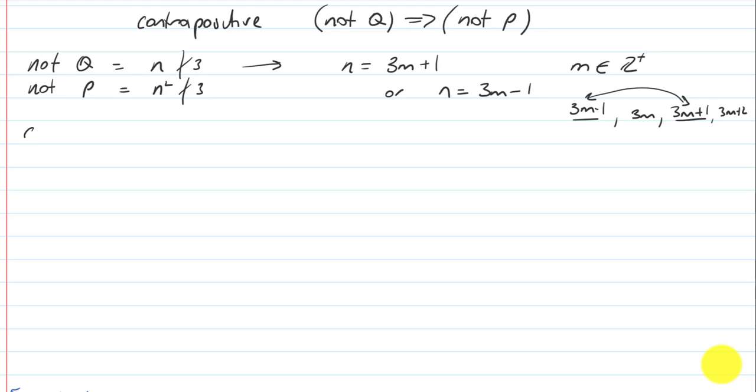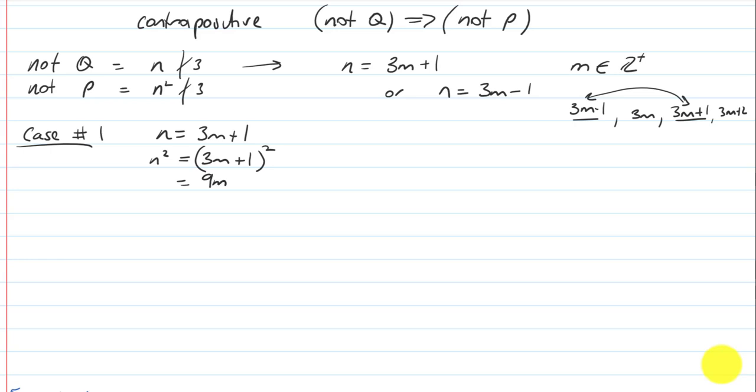Okay, so I'm going to talk about case 1, and we've done cases before, and then I'm going to talk about case 2. So n equals 3m plus 1, and therefore n squared is equal to (3m plus 1) squared. I'm going to make the assumption that you're happy with expanding these types of perfect squares, and if not, then take a piece of paper and make sure you can.